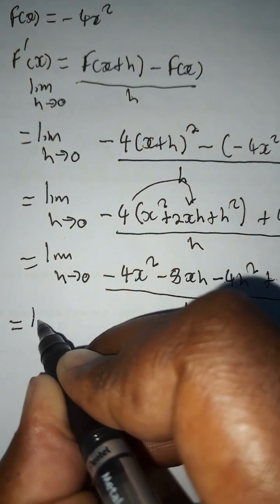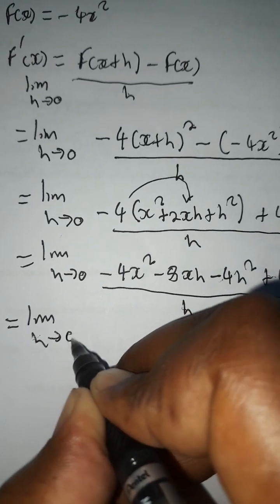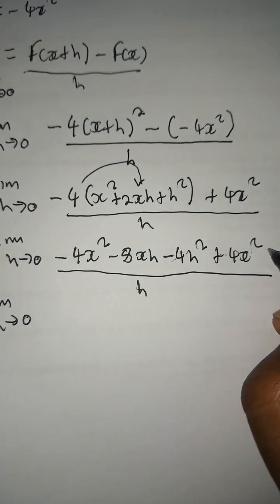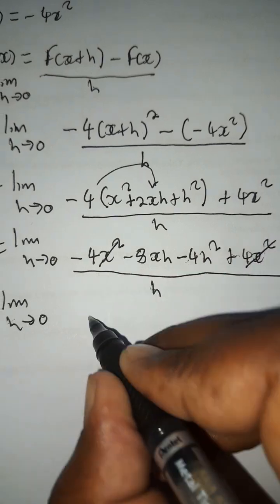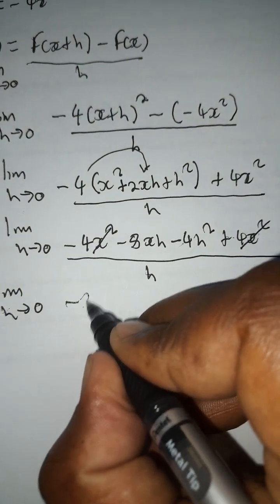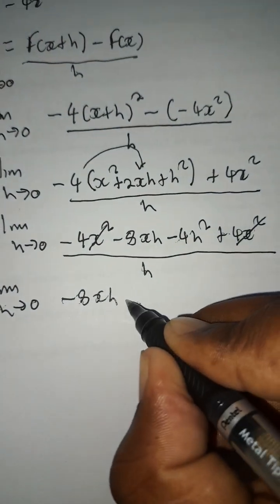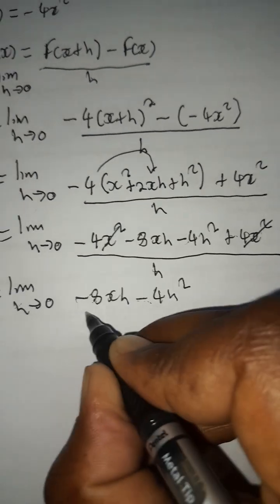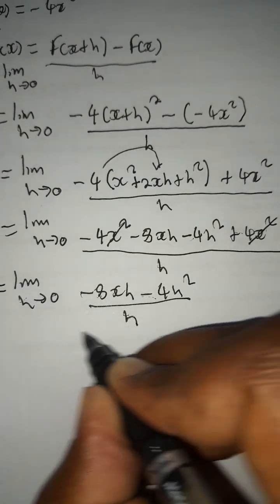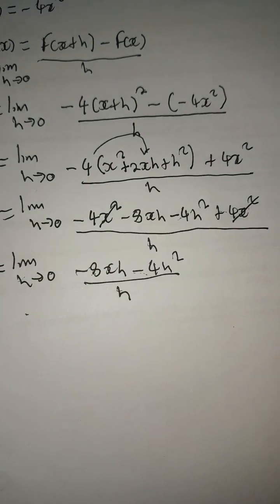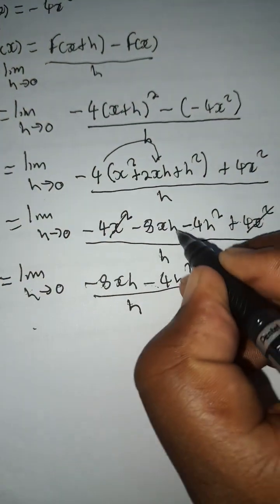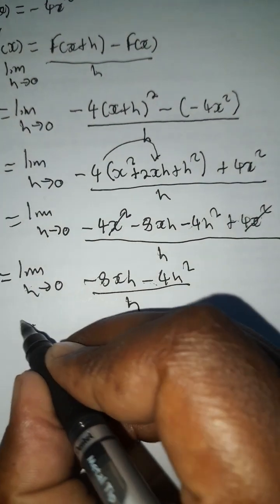So we have limit as h approaches 0. So the like terms, negative 4x squared plus negative 4x squared, they cancel. So we are left with negative 8xh minus 4h squared divided by h. We collected the like terms there. And we did find that there's no like term for negative 8xh.